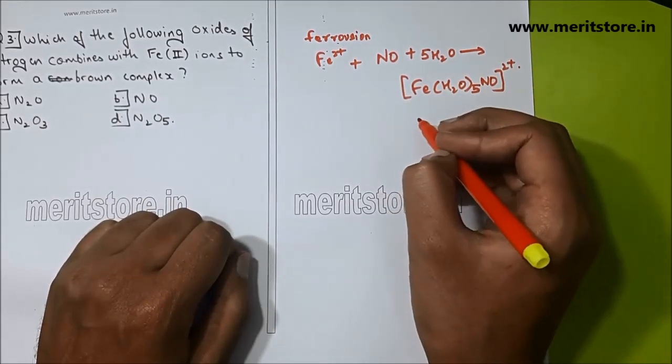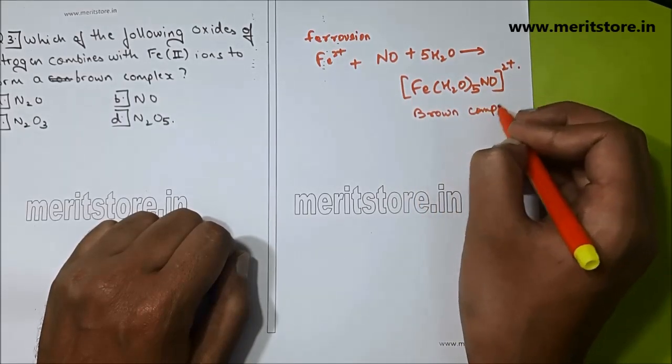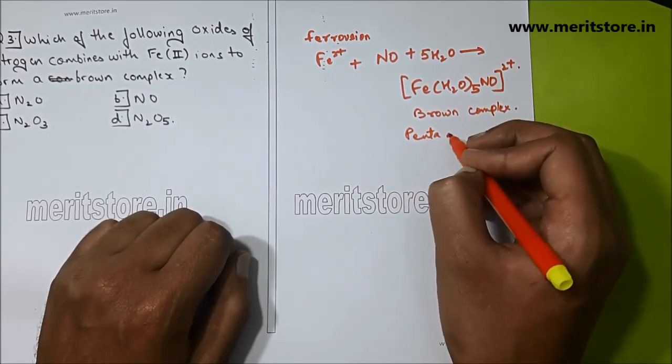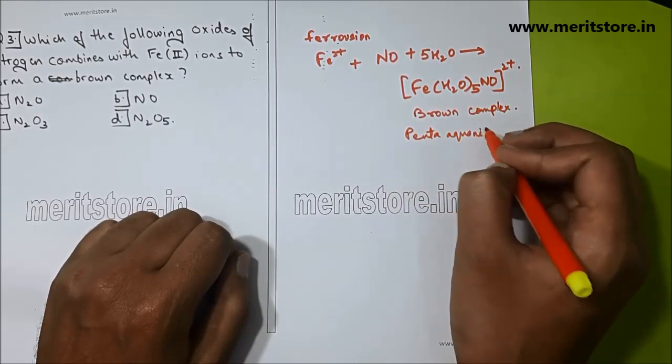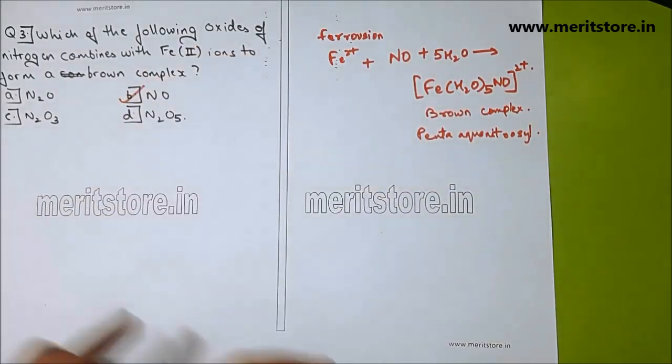This is the brown complex named pentaaquanitrosyl. So option B is the correct option.